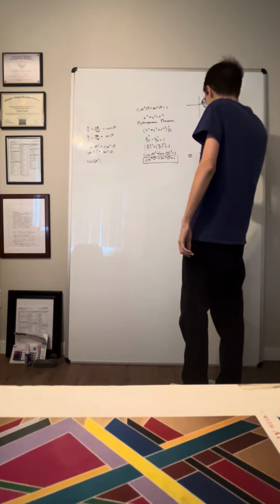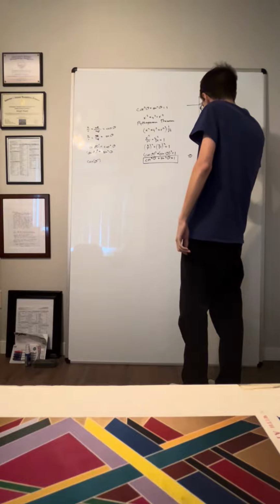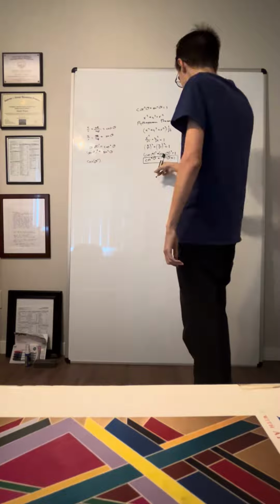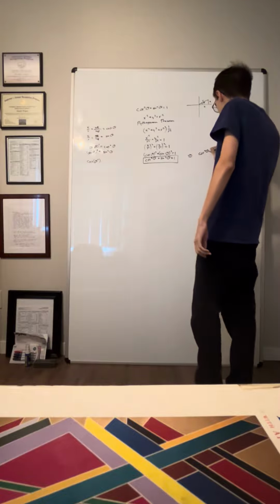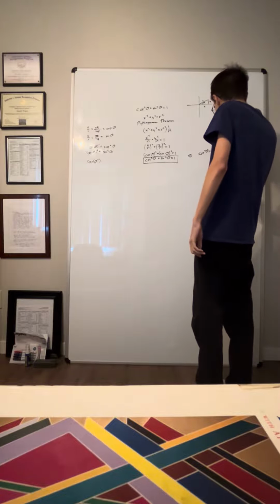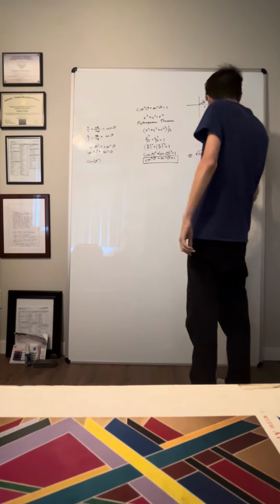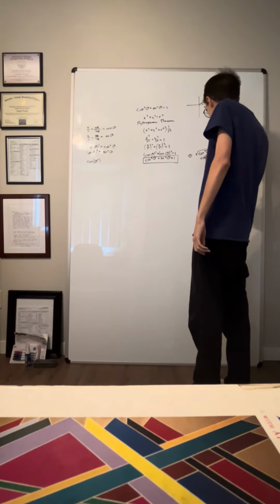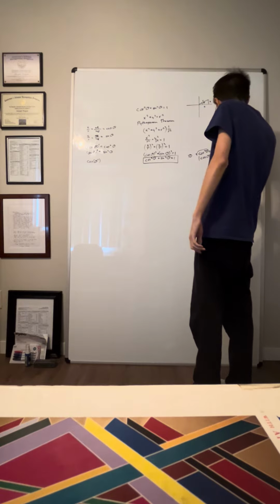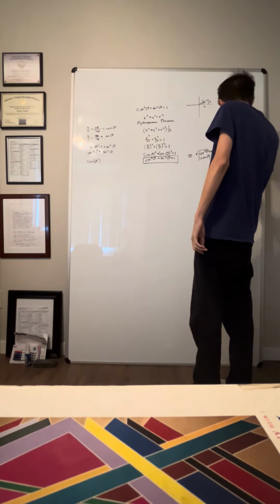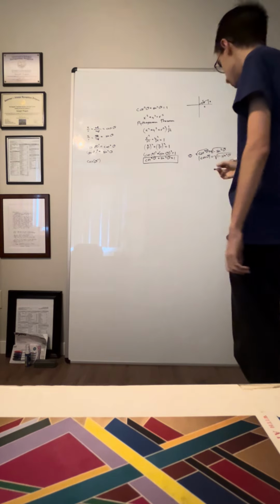So we can say cosine squared theta, and then we can put this on the other side, equals 1 minus sine squared theta, and then we can square root both sides here. So cosine of the angle turns out can be described as the square root of 1 minus sine squared of the angle.